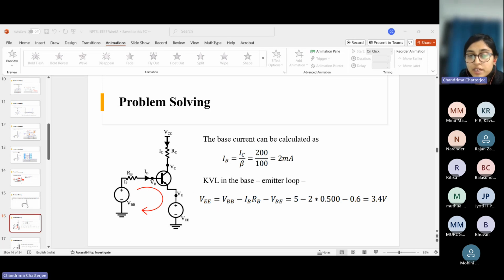The KVL will be IB RB, then VBE, as there is a 0.6 volt drop in the base emitter junction, plus VEE, then minus VBB, right? You can check by yourself applying KVL in this loop. So VE becomes 3.4 volt. Okay.